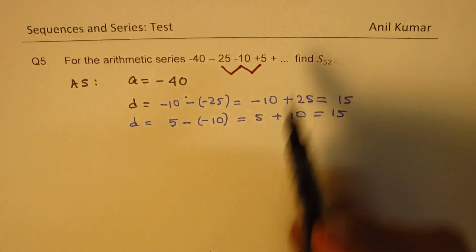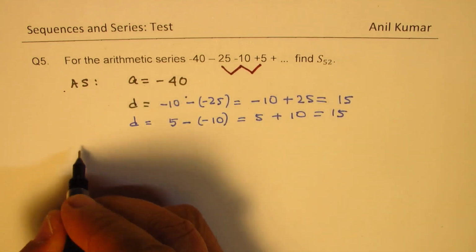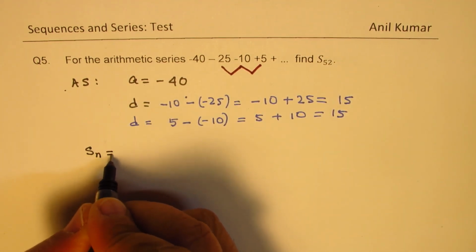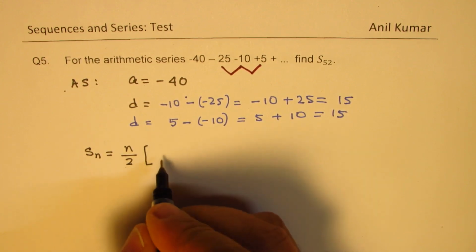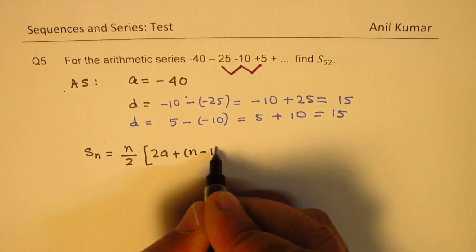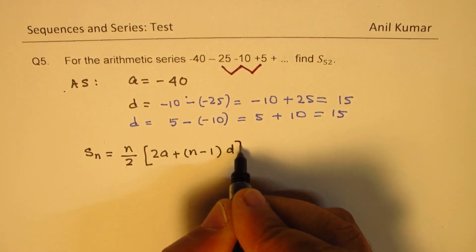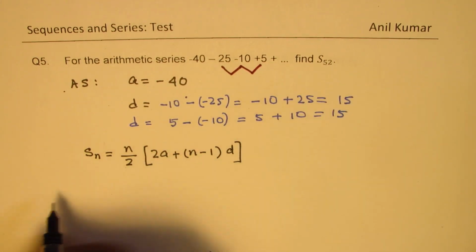Now we need to find the sum of 52 terms. Now whenever you have an arithmetic sequence, the sum of n terms is equal to n over 2 times 2a plus n minus 1 times d, right? So that is the formula. Now here we know all the terms. We need to find S52.